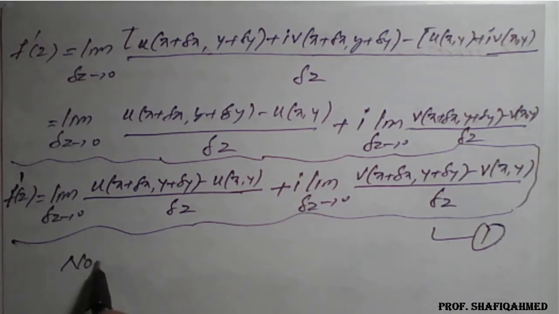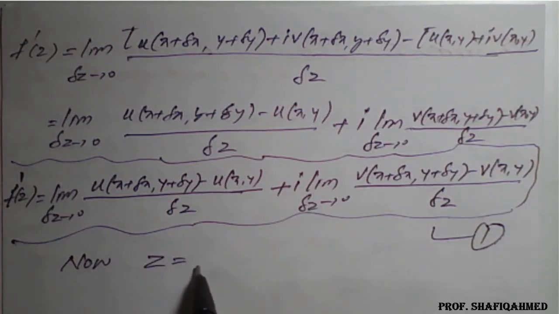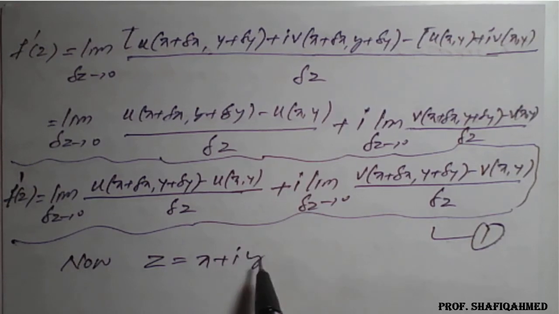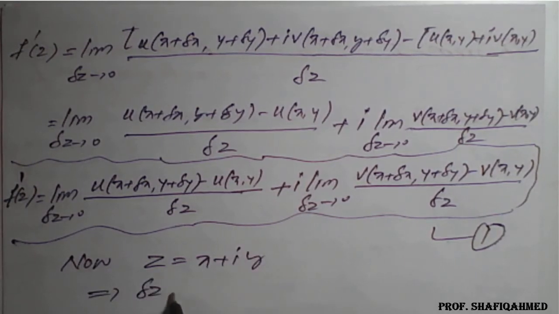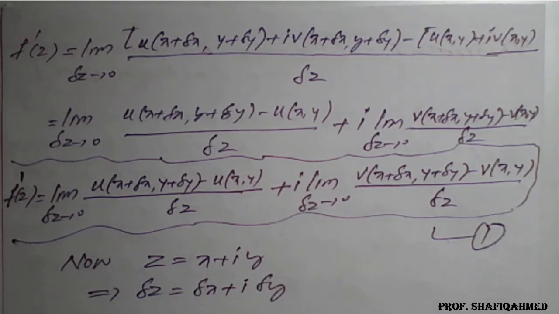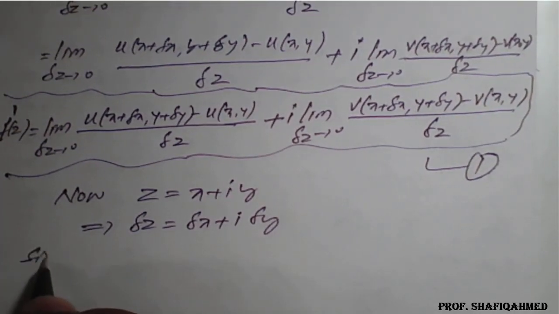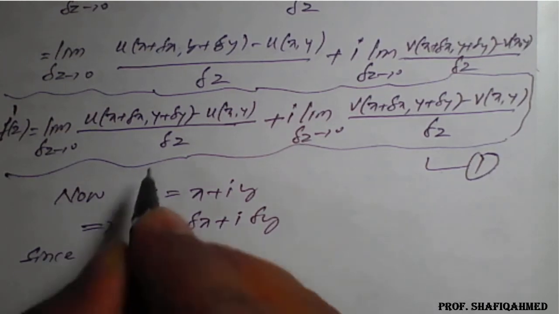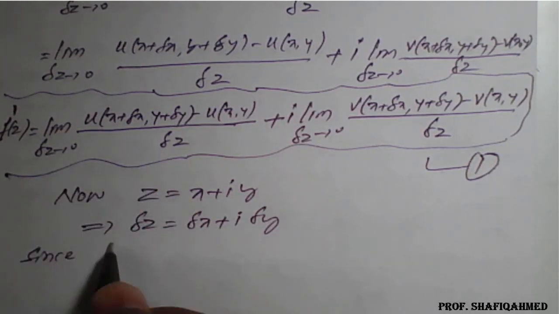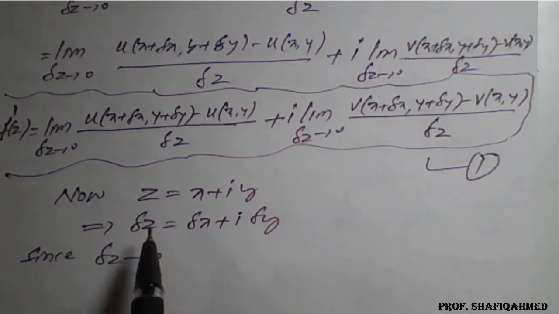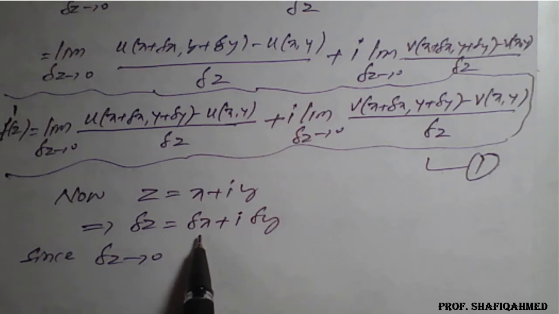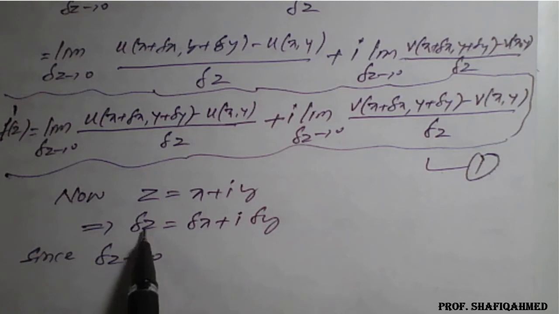Now we know that z is nothing but x plus iy, which implies delta z will become delta x plus I times delta y. So since delta z tends to 0, either delta x will become 0 or delta y will become 0.